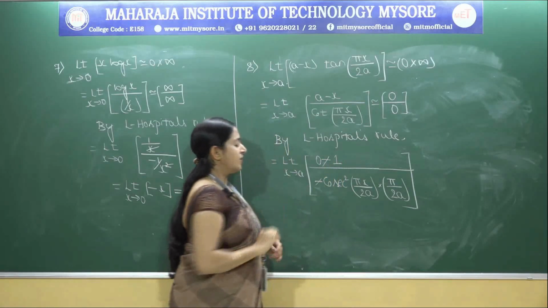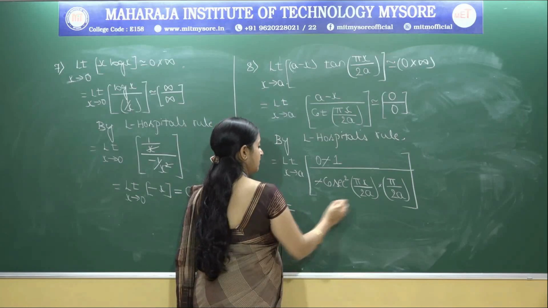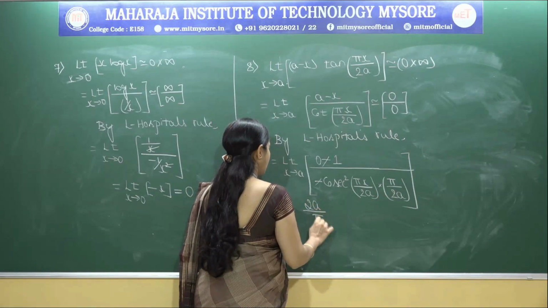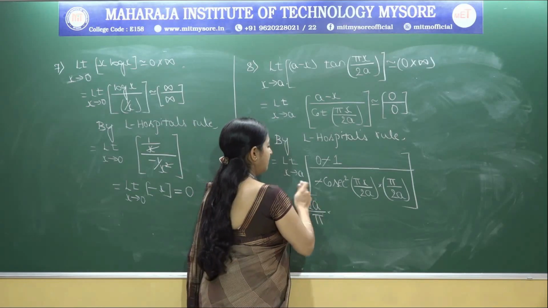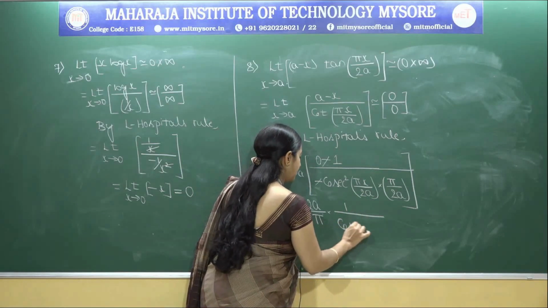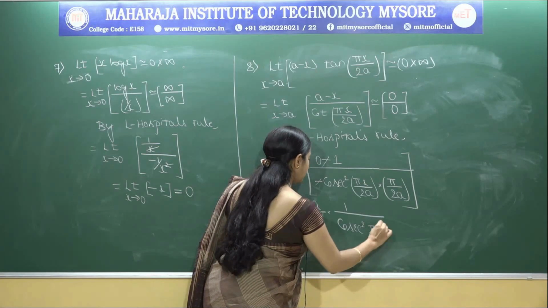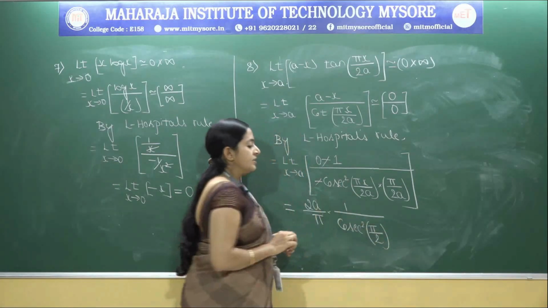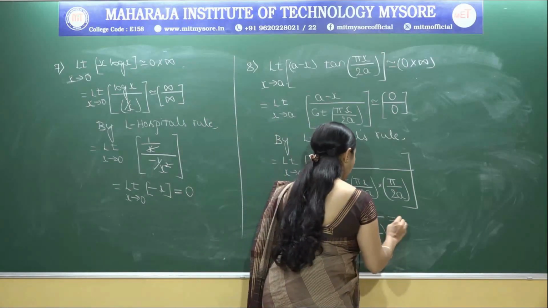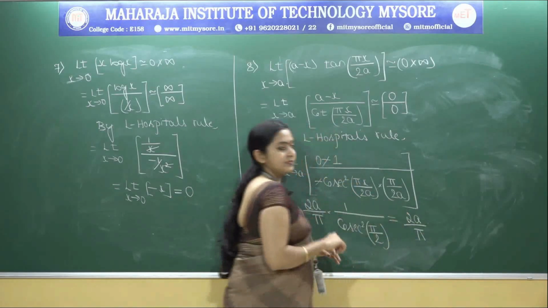Then cancel the negative and negative sign, simplify this, take this term to the numerator, we will get 2 divided by pi. Apply the limit as x tends to a, 1 by cosecant square, a and a get cancelled, cosecant square pi by 2. Since sin pi by 2 is equal to 1, the cosecant pi by 2 is also equal to 1. You will get the answer as 2a divided by pi.